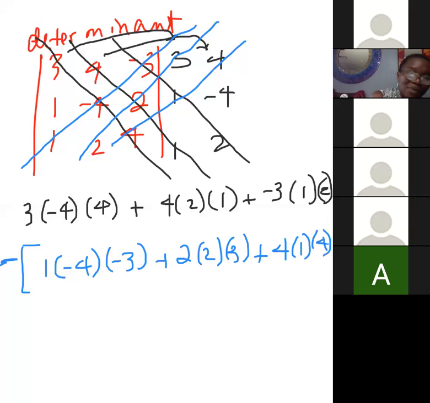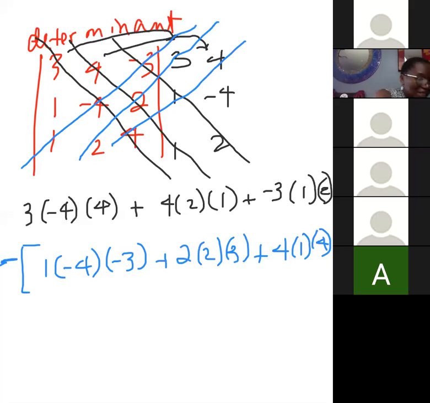This is another way for you to find the determinant of a 3 by 3 matrix, which I think I may have told you about before. No? Okay, because I forgot. I think we were in the middle of working on these and then we went off on our extended break.